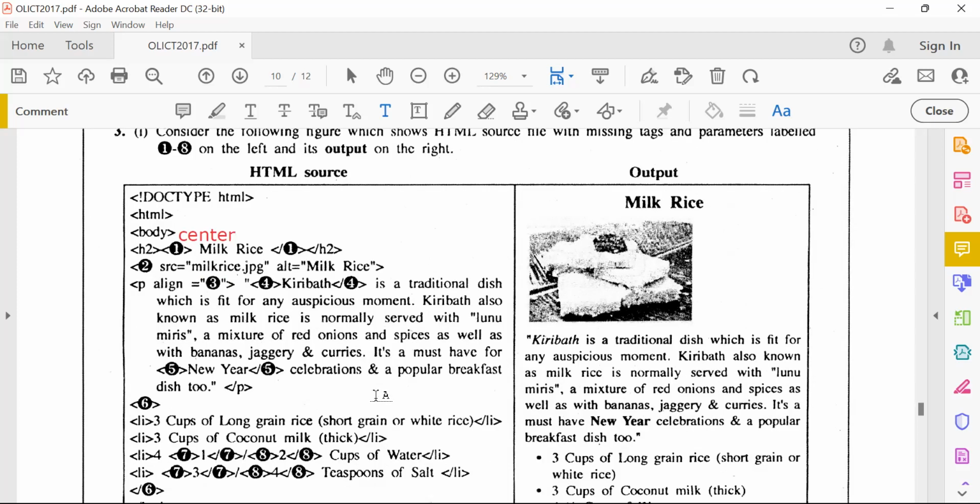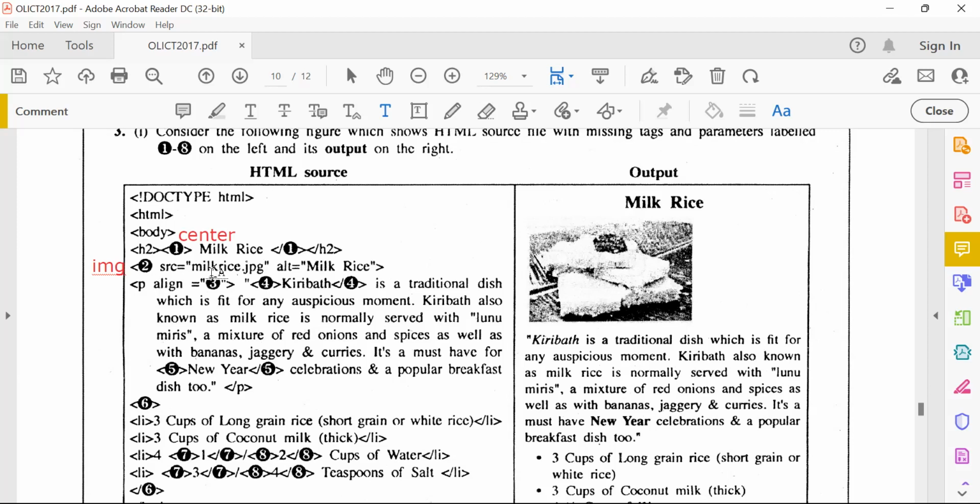Second one after that, we know it's an image. So image starts with img. And then we have the third one. It's a paragraph, and alignment we have to specify.